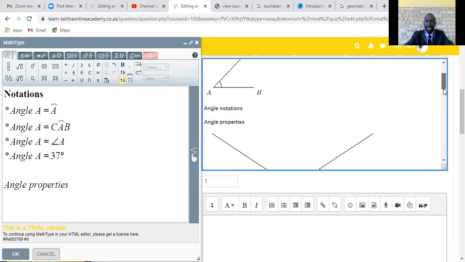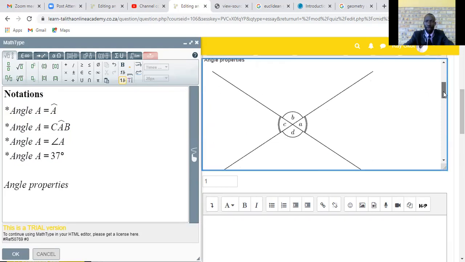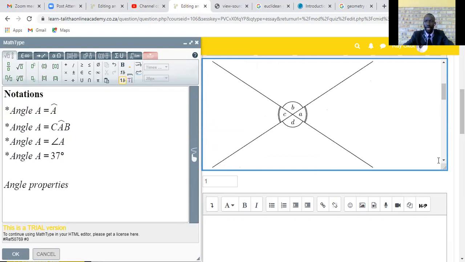Look at the angle indicated right here. Now notice that there are two lines here. There is this line which extends all the way up to here, and there is another line which extends all the way to the other side.